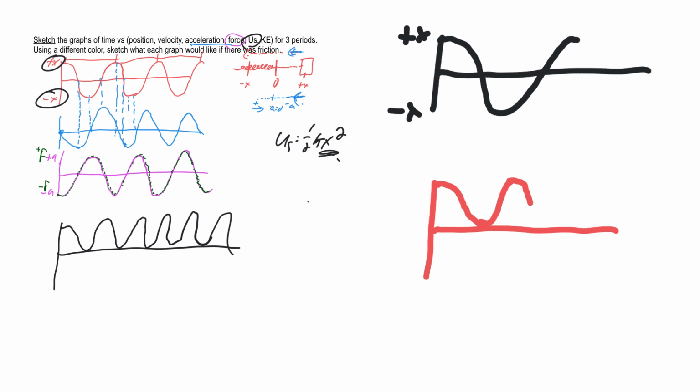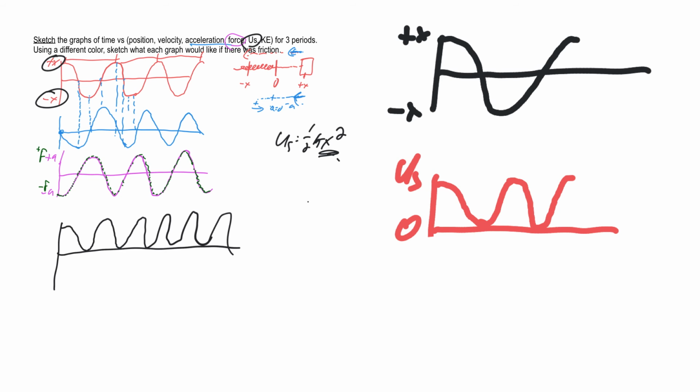And then when it's 0, it's going to be 0. Then it's going to go back up to a maximum like this. Okay, so notice here, this is our US, this is 0. So I don't know why I did that. There's no such thing as negative US. So let's go ahead and erase that a little bit as such.